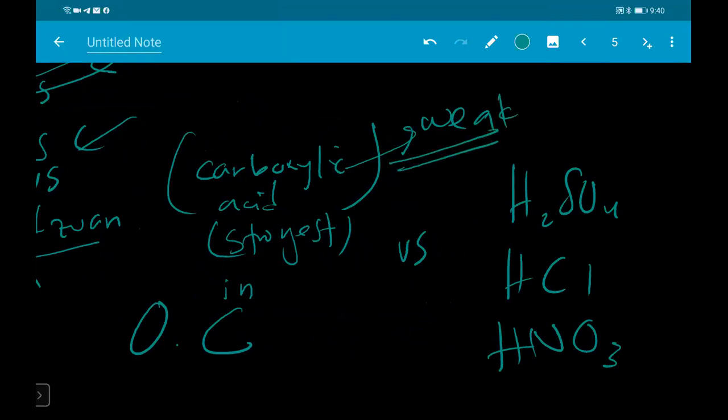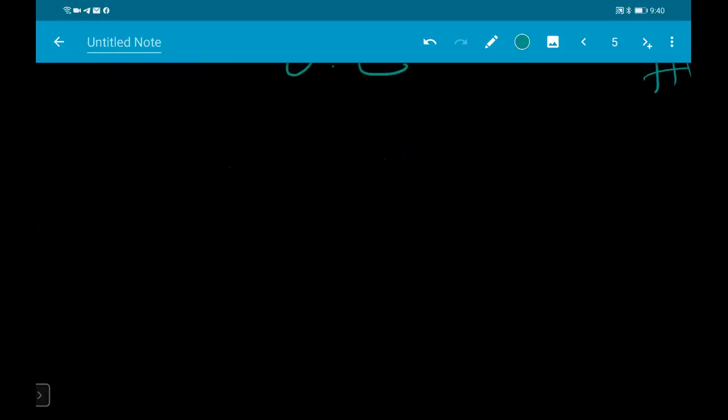Hopefully you still remember, why do we classify weak or strong acid? Weak kalau dia dissociate not 100% when we add with water, and dia tak akan hasilkan 100% H+. I give you an example. Let's say we have an ethanoic acid, CH3COOH.